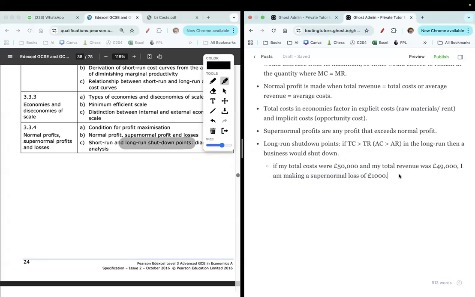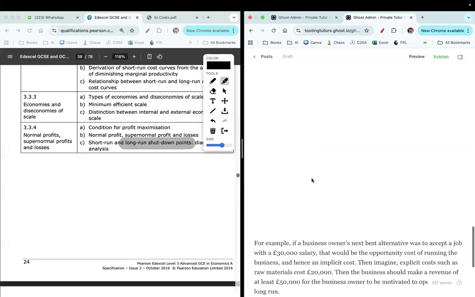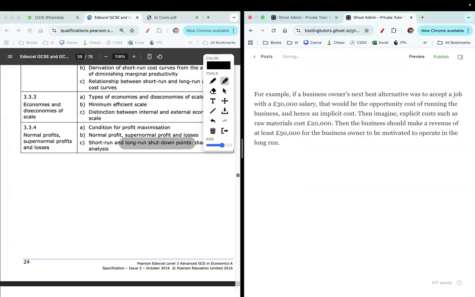Because remember how I said my total cost could have been 20,000, then I'm making a profit, but I'm not factoring in my opportunity cost. So if I'm factoring in my opportunity cost, I need to say supernormal, because that's including my implicit costs as well. Okay. So it's just this paragraph. That's all it is. Okay.